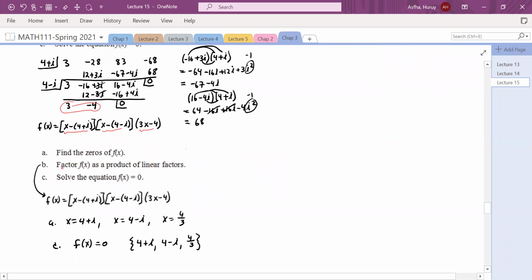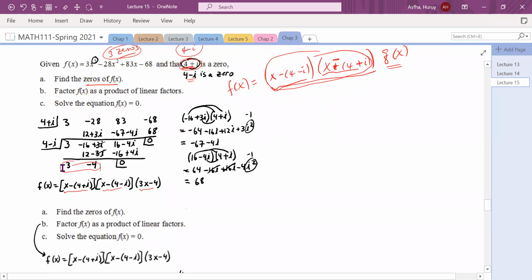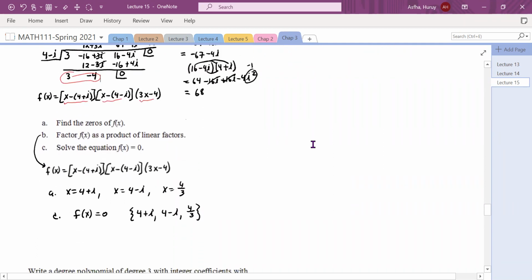And then the second question is factor f of x as a product of linear factors. So we can write this one as a product of linear factors. Well, it's just this one: x minus (4 plus i), x minus (4 minus i), 3x minus 4. So we have f of x as a product of 3 linear factors.